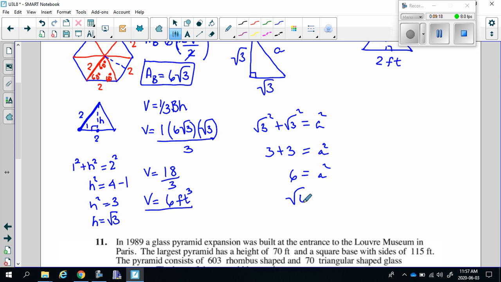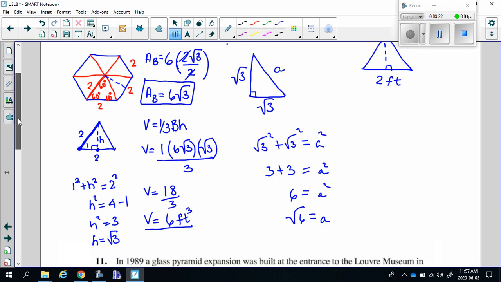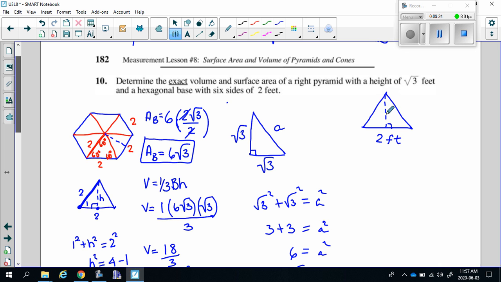So √6 is equal to A. All right, so that means that this is √6. So now I could find the area of this triangle, base times height divided by 2, and then I'm going to multiply it by 6. So area of 6 faces.